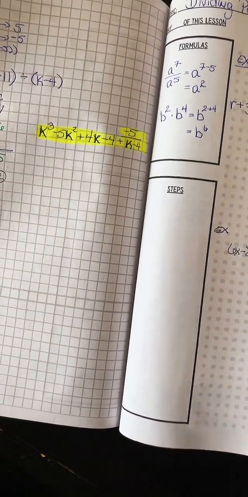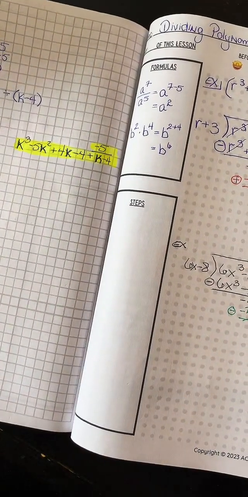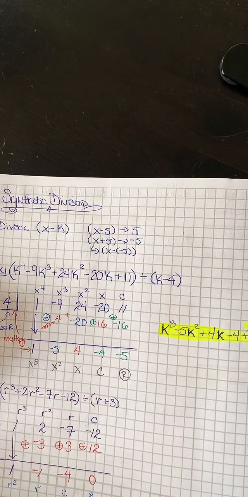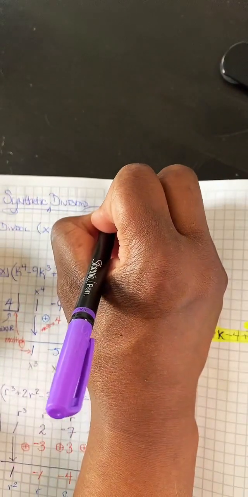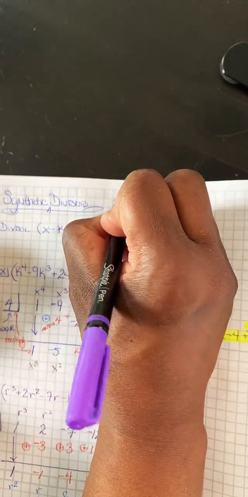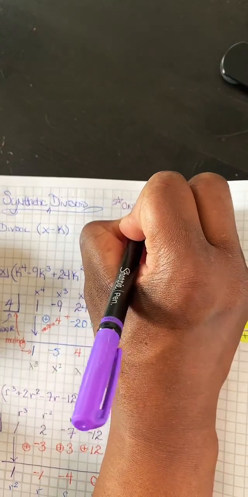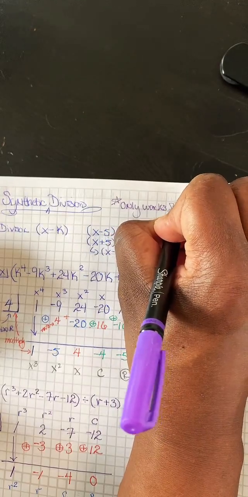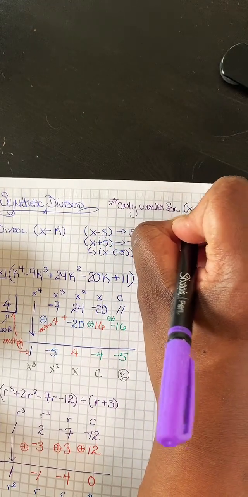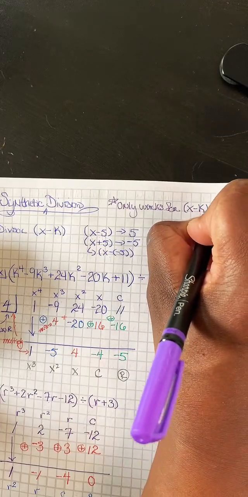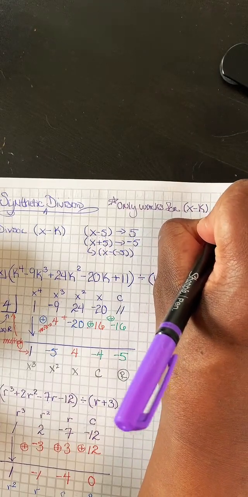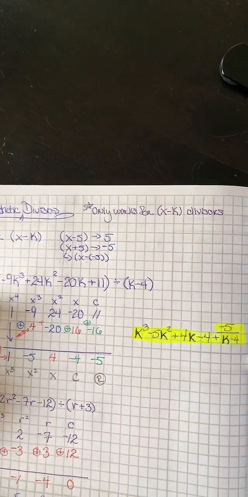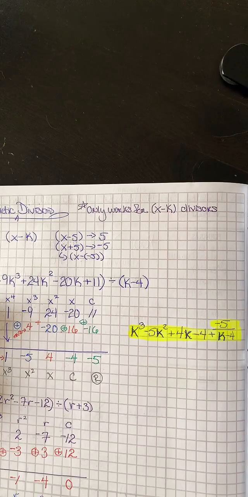All right. So the synthetic division only works for, and I'm actually going to put this on top of here, only works for x minus k divisors.